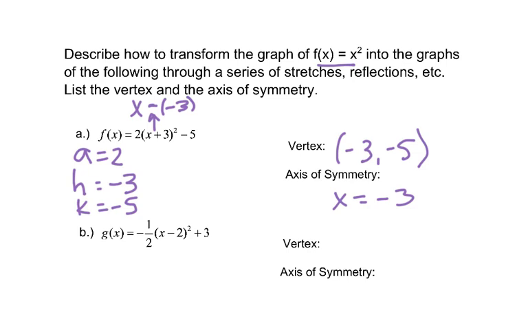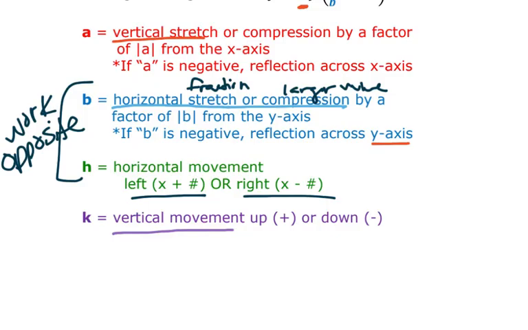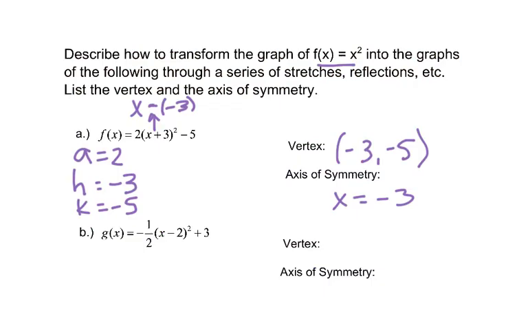They also want you to describe what this means. And so this a value here, going back to those notes from the previous, is going to be a vertical stretch because it's a 2. So we're going to say vertical stretch. The h, remember, is talking about moving to the left, even though the value in the equation looks like it's saying positive.